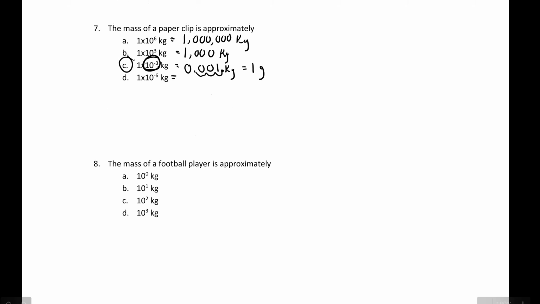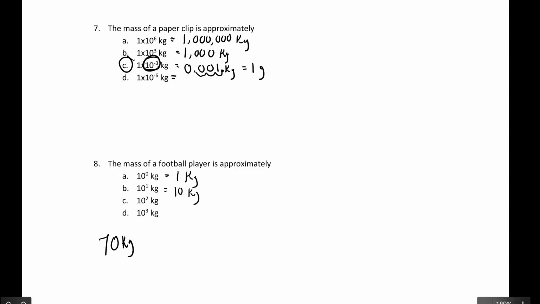And number 8, the mass of a football player. I said in the presentation, your textbook typically says 70 kilograms is the typical mass for a student. So somewhere in this ballpark is what we're looking for. So 10 to the 0 power is 1 kilogram. That's really small compared to 70. 10 to the first power is equal to 10 kilograms.